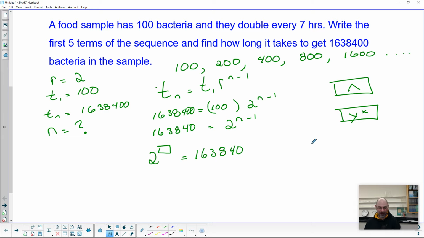Okay, so let's try 2 to the 18th. Okay, so we've now passed it. So let's try 2 to the 17th. Okay, that's under it. So it's somewhere in between 17th and 18th.